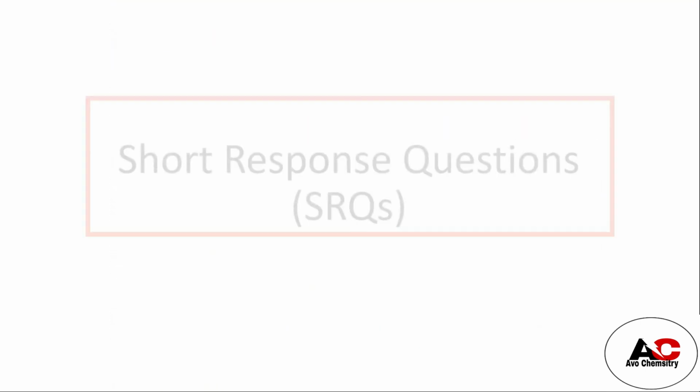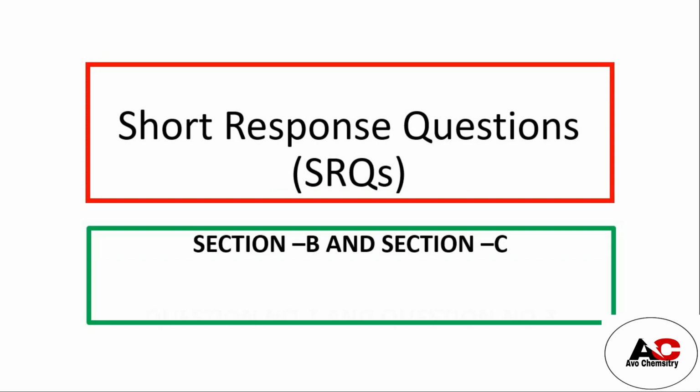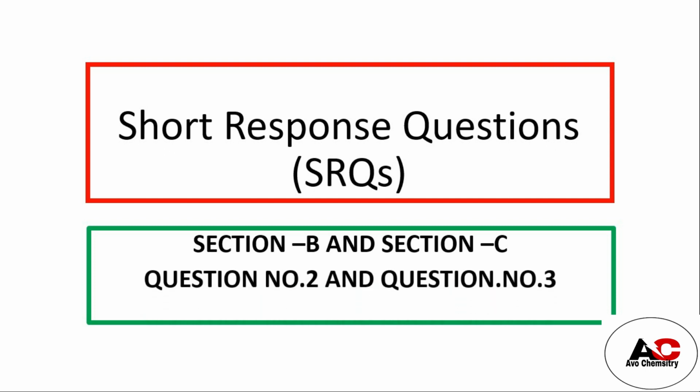This is the E-sheet to attempt the descriptive part. Short response questions, SRQs. They are the short question answers, section B and section C based on short response questions. In section B and section C, you attempt question number 2 and question number 3.